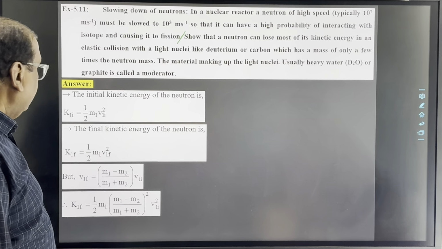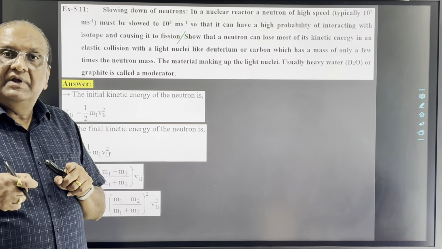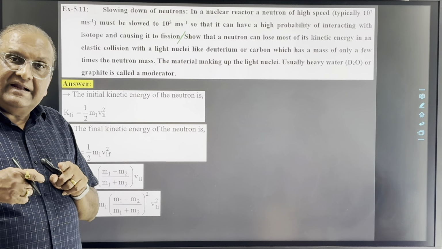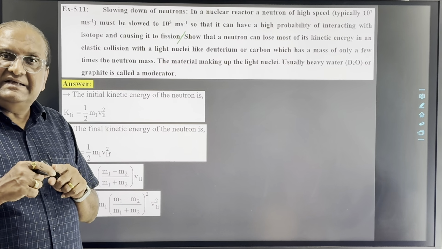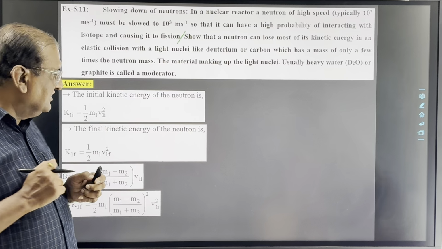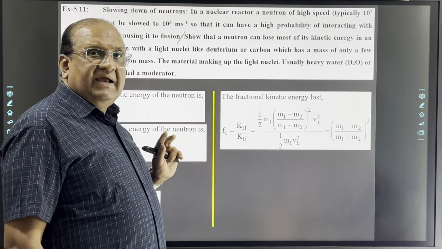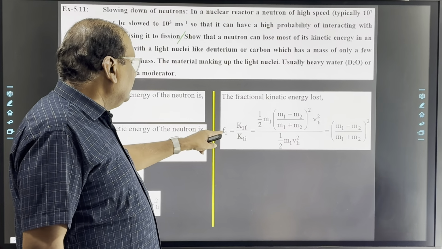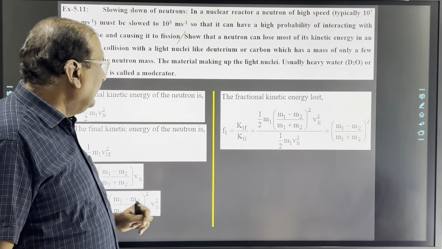Now we have to find the fractional loss of kinetic energy for the neutron. So the fractional kinetic energy lost, F1, is final divided by initial kinetic energy.